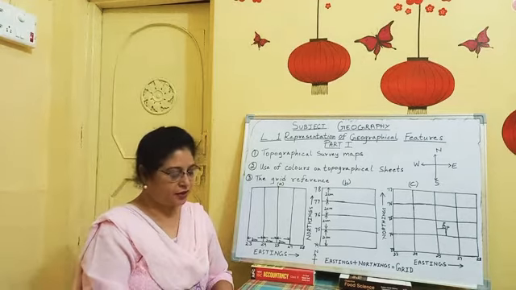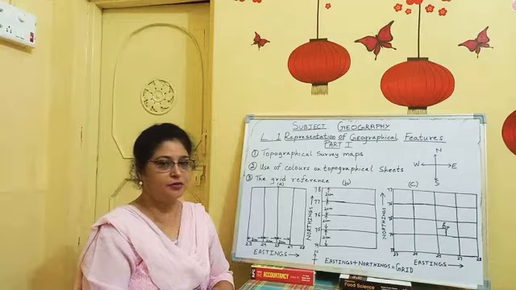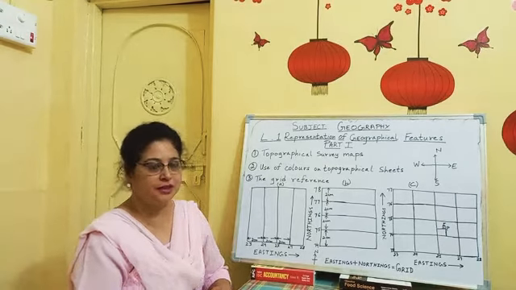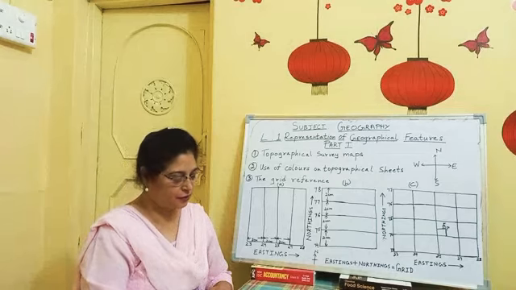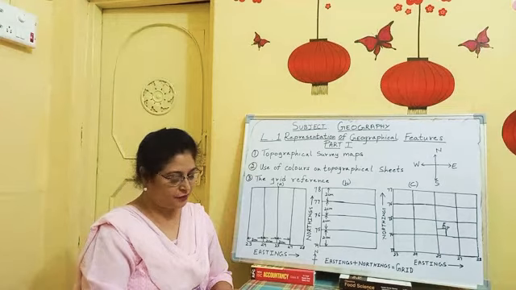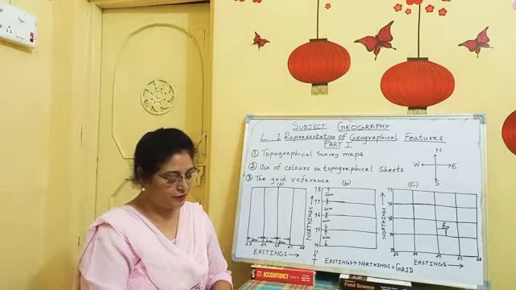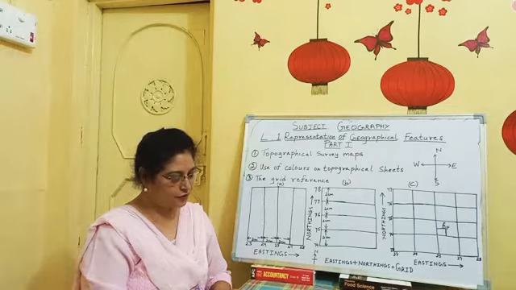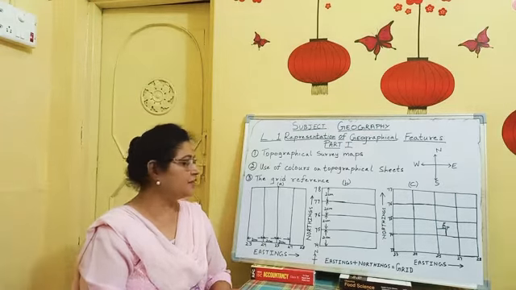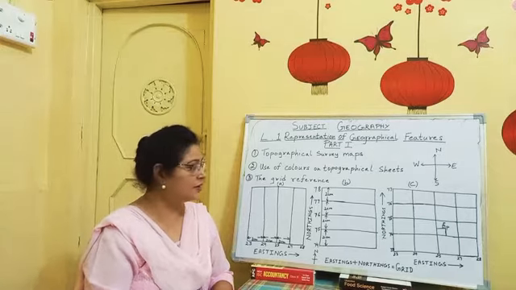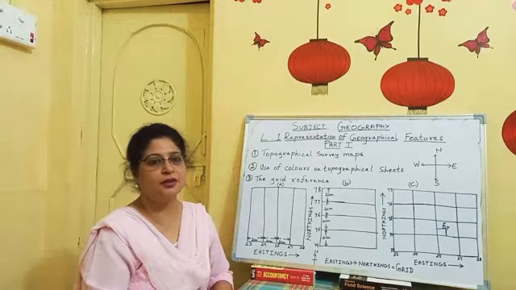So together when we total it, it will be 9274. The 4-figure grid reference of the temple in the south direction of the map is 9470. That is, 94 is easting and 70 is northing. So this is how we find out the grid on a map.